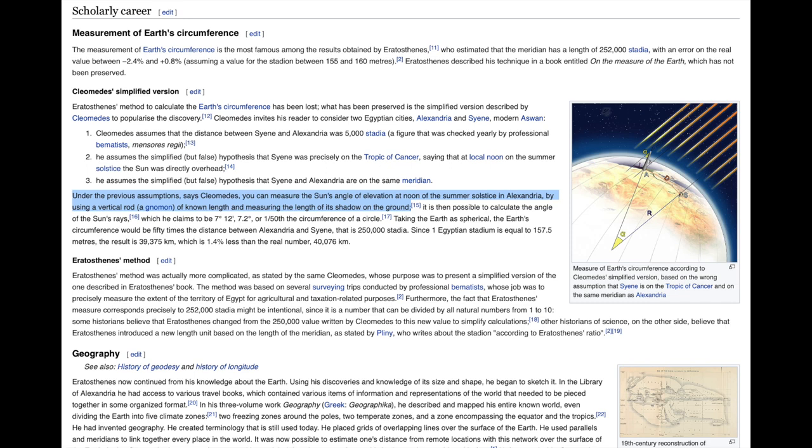Eratosthenes described his technique in a book entitled On the Measure of the Earth, which has not been preserved. Yeah, that's probably because the library at Alexandria burned down.